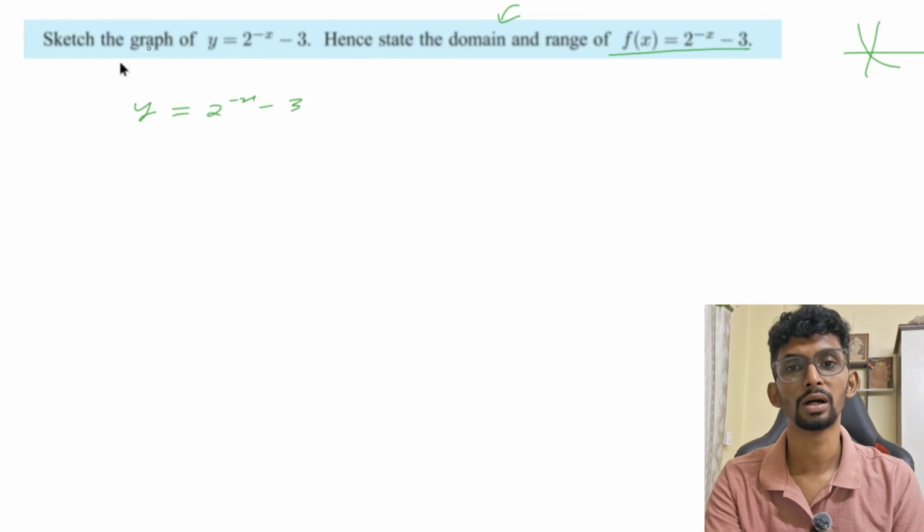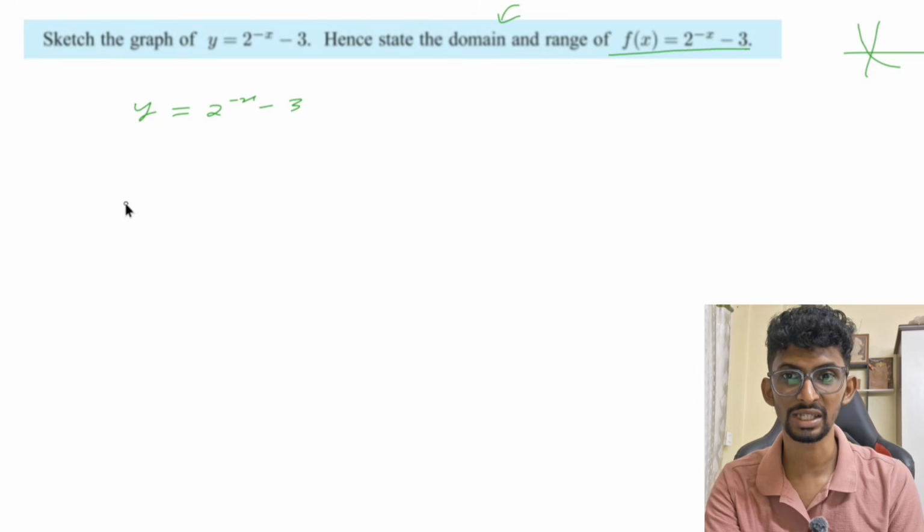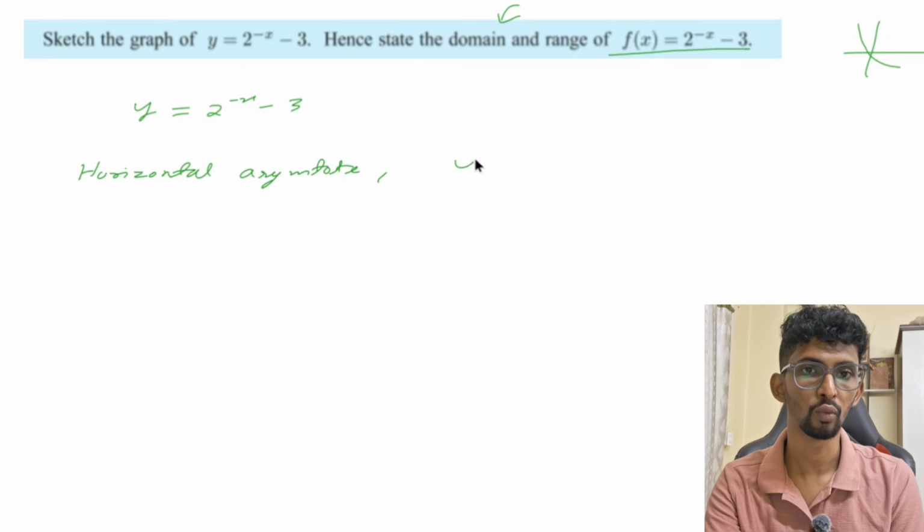Now first we will find the horizontal asymptote, that is y equals c. So in this case, the horizontal asymptote will be y equals minus 3. Let me write it. Asymptote is y equals minus 3.